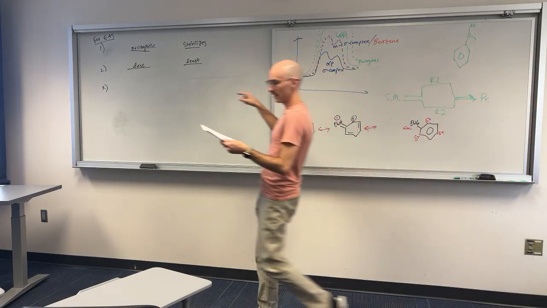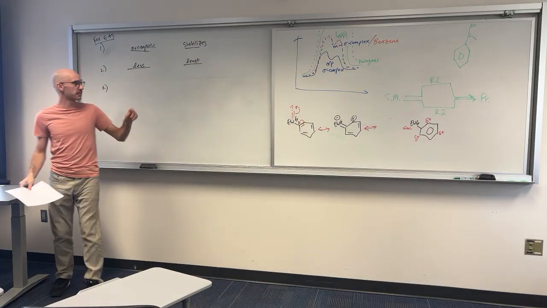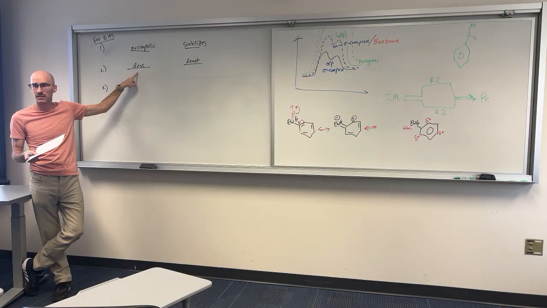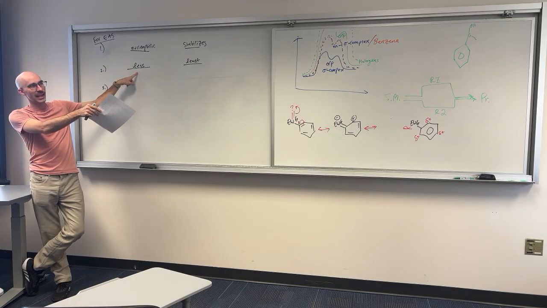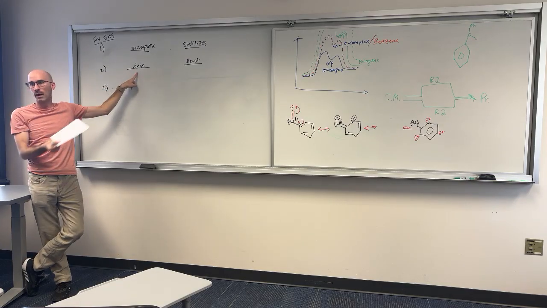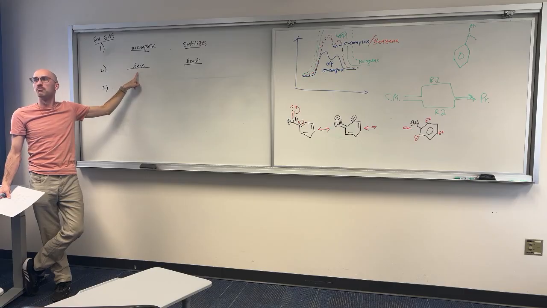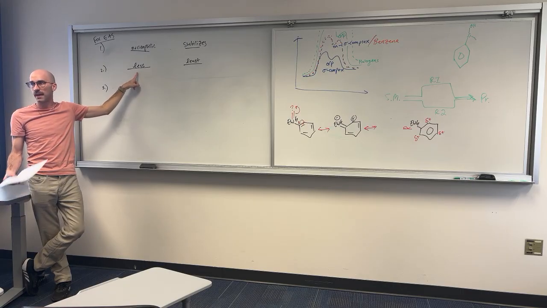So we're saying that electron withdrawing groups make the ortho positions less nucleophilic. Why would a carbon attack from where it's partial positive? It's going to attack from the part that is more negative. That's meta.